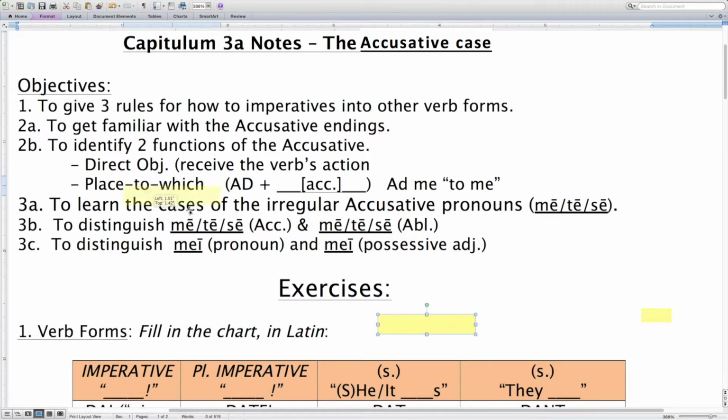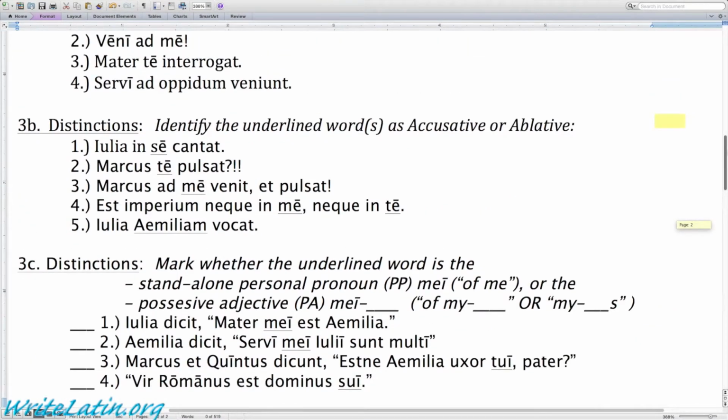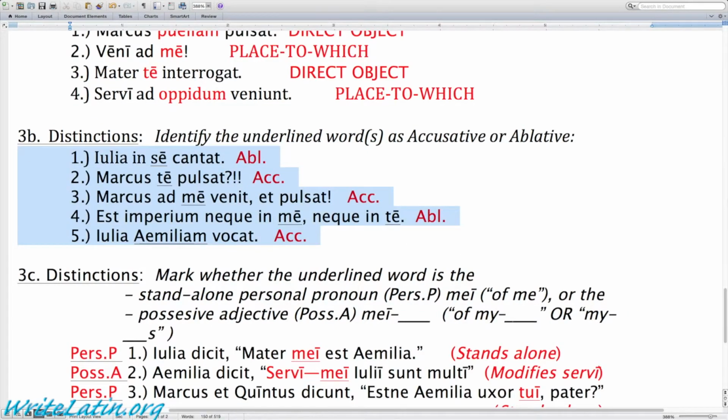Or me, te and se as the recipient of the action and me, te and se as the side thought. So let's go down here and why don't you try section 3b and see if you can do these. Write accusative or ablative, and I'll put up the answers in a second. And there's the answers.